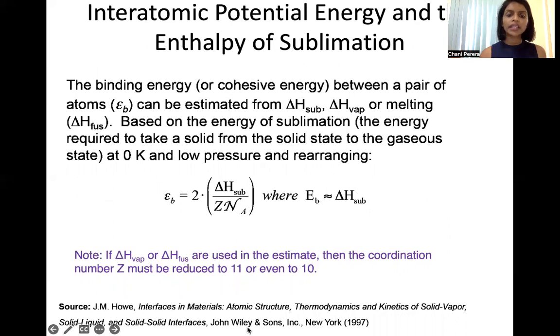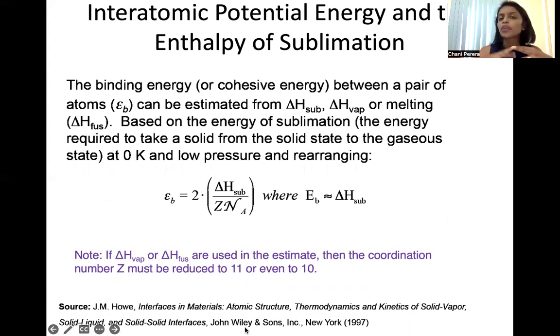So here again, the interatomic potential energy and the enthalpy of sublimation. We talked about the Lennard-Jones potential in the previous lecture. The binding energy or the cohesive energy between a pair of atoms can be estimated from the enthalpies.